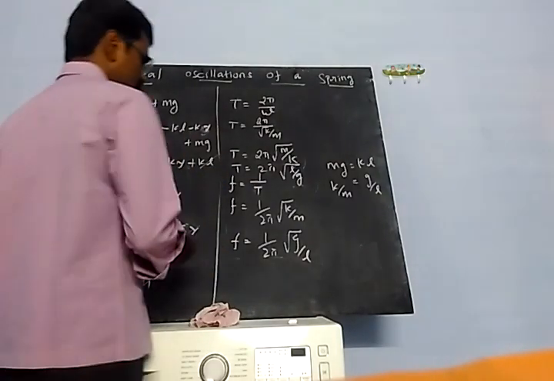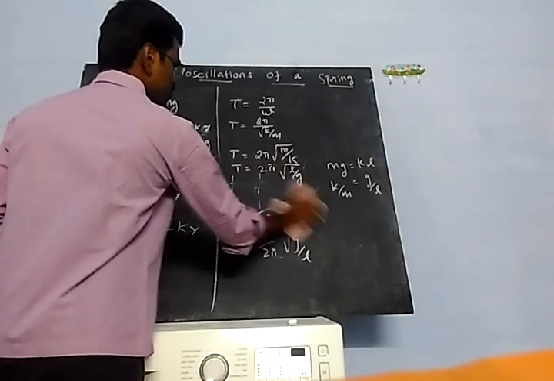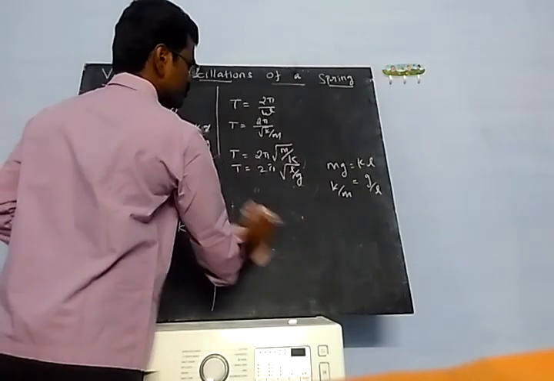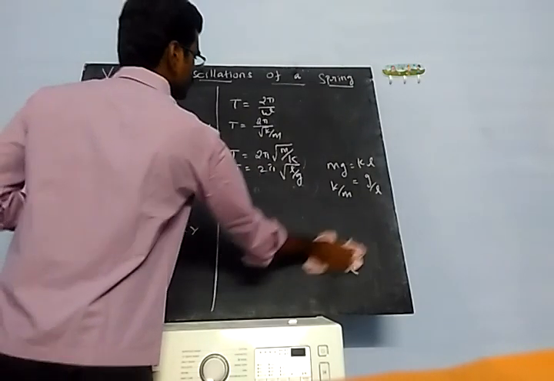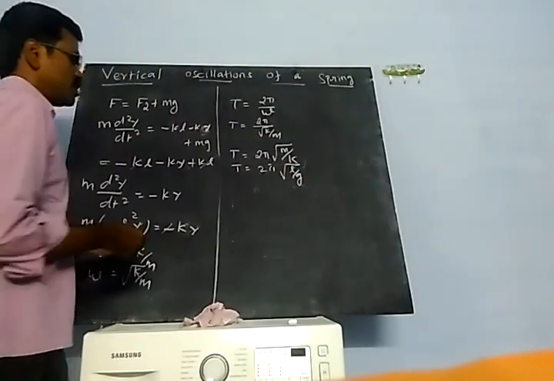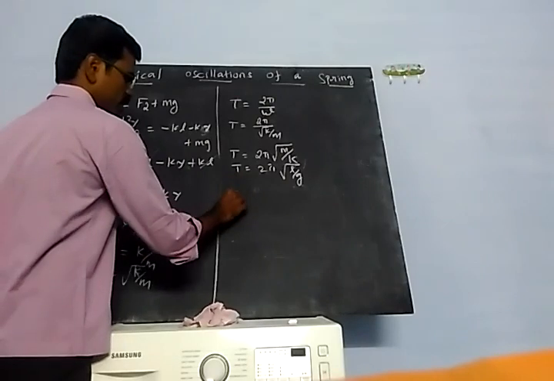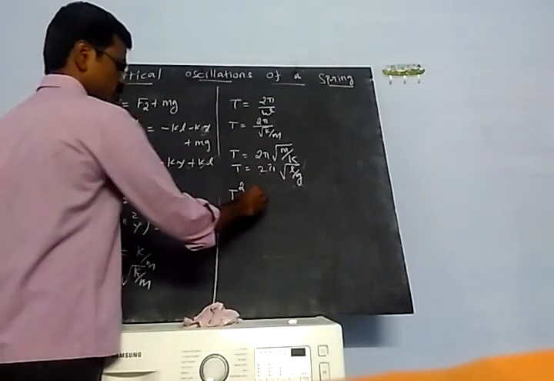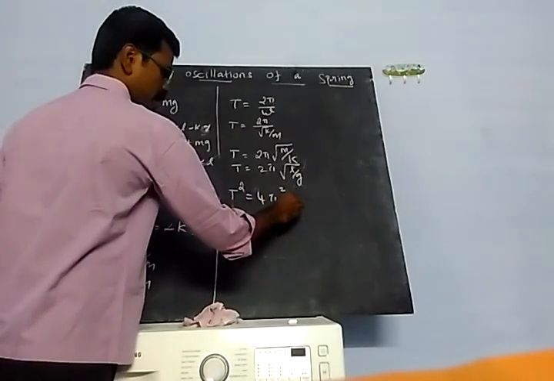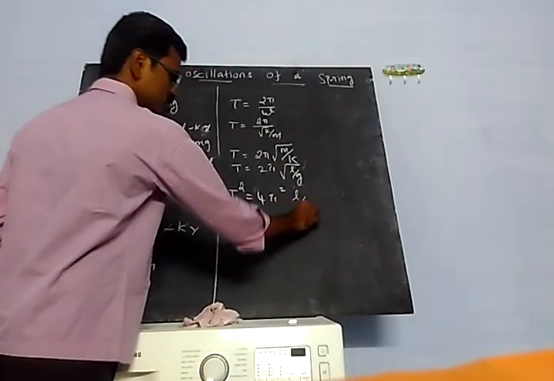Okay, you understand? From this equation, T is equal to 2 pi square root of L by g, you can square both sides. So T squared is equal to 4 pi squared L by g.